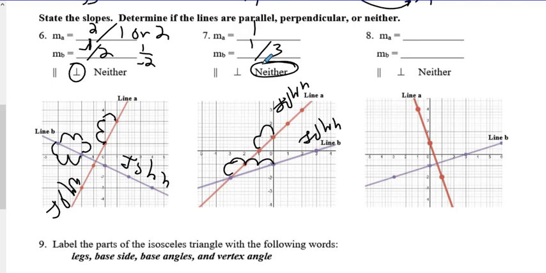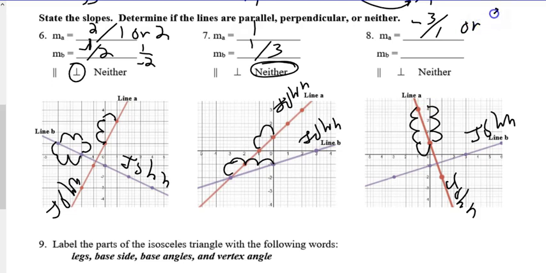All right, line A is clearly negative. Look, going downhill. And this one's clearly positive. My name's going uphill, slightly, but still uphill. So for line A, I'm going down 1, down 2, down 3. So down 3, and then I'm going right 1. I could have counted up 1, up 2, up 3, and then left 1.